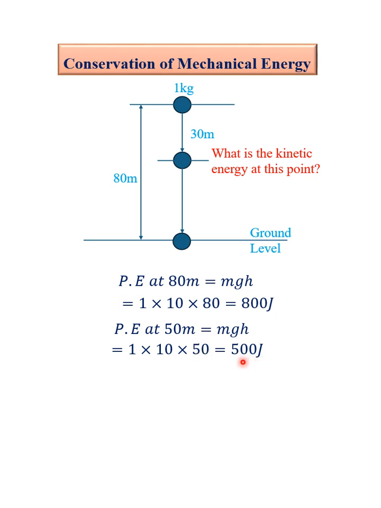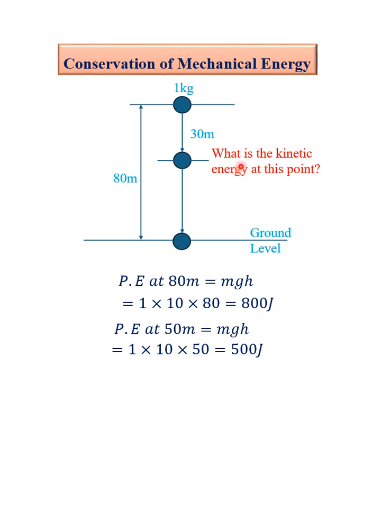Now what happened? You can see that while it was here, it had 800 joules of energy. Now that it is here, it has 500 joules. It has reduced. It means some of the energy has been converted. Converted to what exactly? It has been converted to kinetic energy.